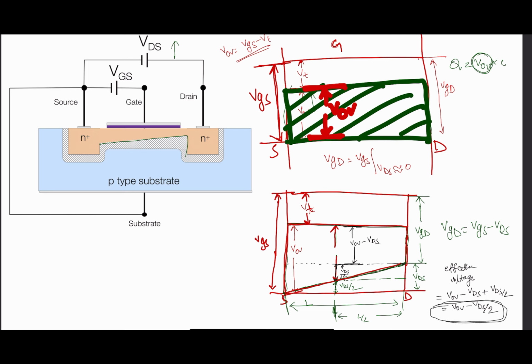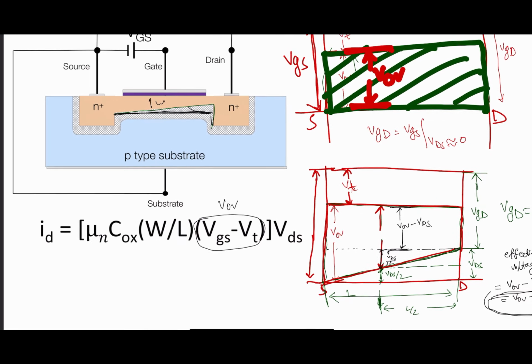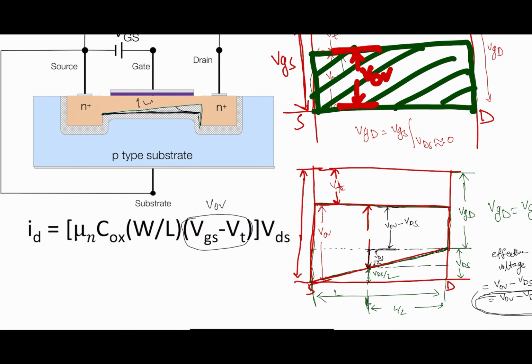That means no depletion region tapered the channel. The channel has total width W and length L. At that time, the voltage across the channel is VOV. Now the voltage across this channel has changed, and the effective voltage is VOV minus VDS by 2.